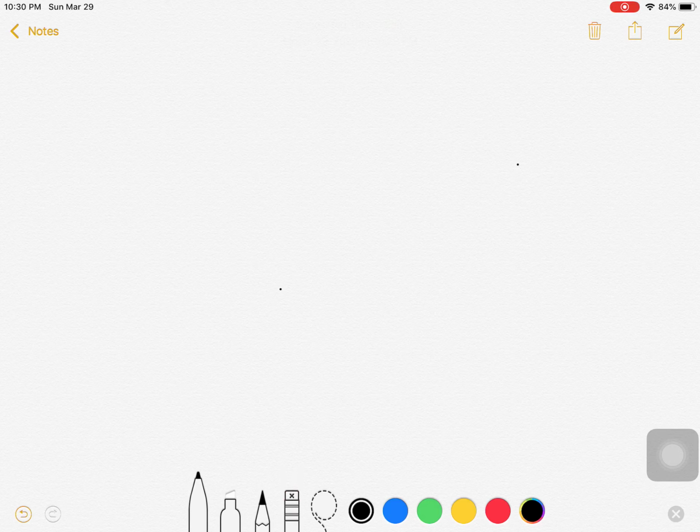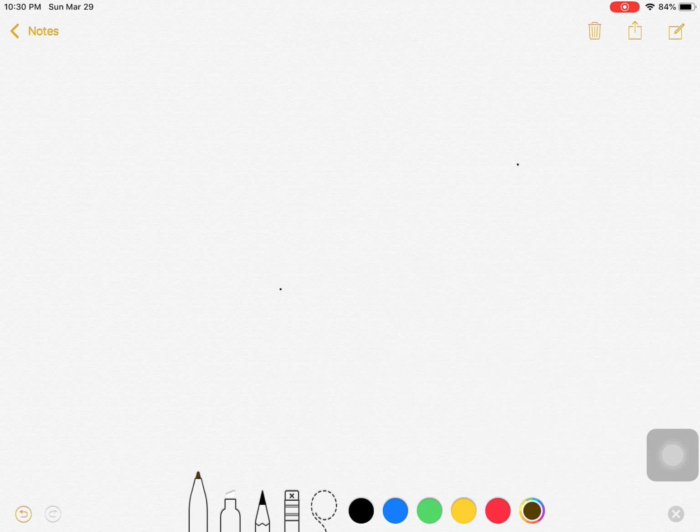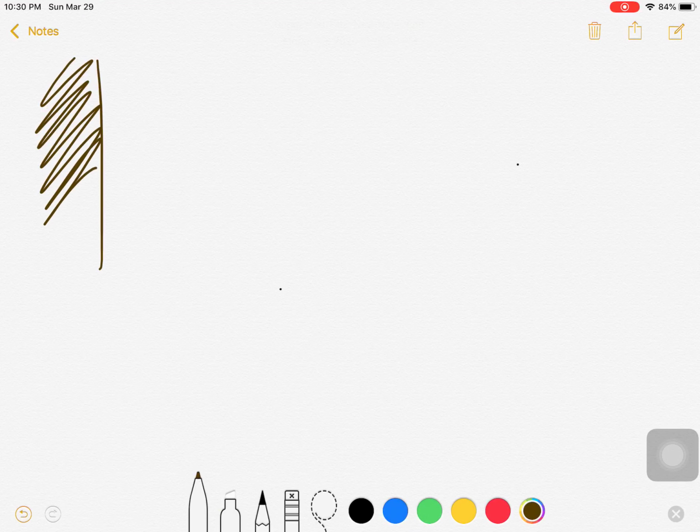All right. So let's say we've got a piece of wood here. And we have screwed into the wood an eyelet.